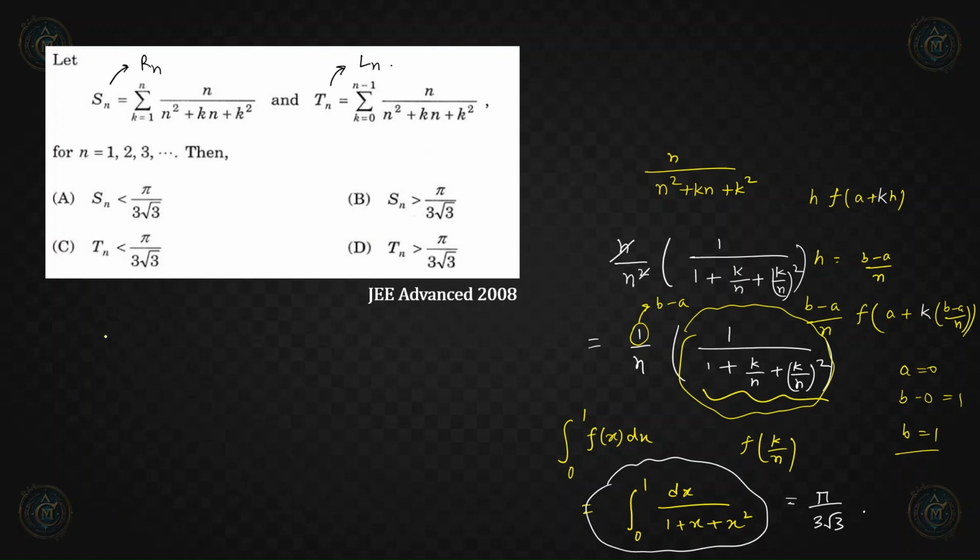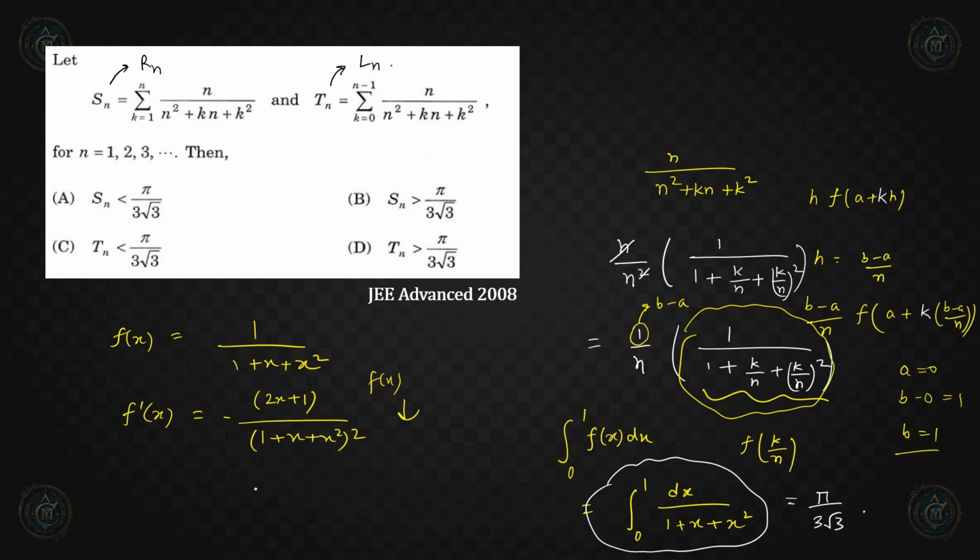So let us check this function f of x equal to 1 divided by 1 plus x square. If we check the derivative here, this will be negative of 2x divided by the whole square of 1 plus x square, which we can see from x equal to 0 to x equal to 1 will be negative. So in this interval f of x is decreasing.